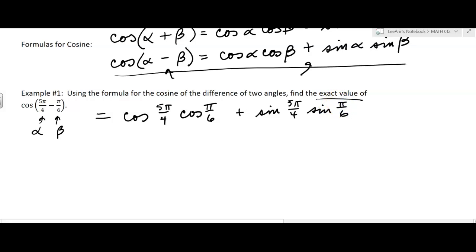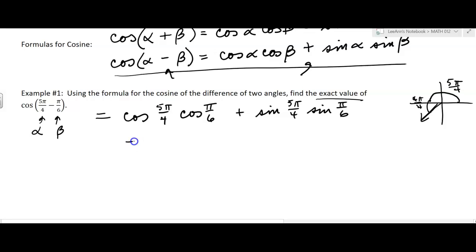Okay? Now we know something about 5 pi over 4 and pi over 6. They're both special angles. So I might want to take a minute to think a little bit about 5 pi over 4. Here's 4 pi over 4. Because I know we're still learning this, 5 pi over 4 then is going to be in that third quadrant. Now why is that important to me? Well, I have to know if cosine's positive or negative. So cosine is negative in the third quadrant.